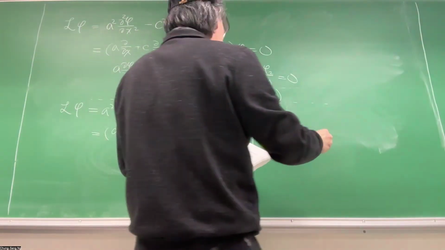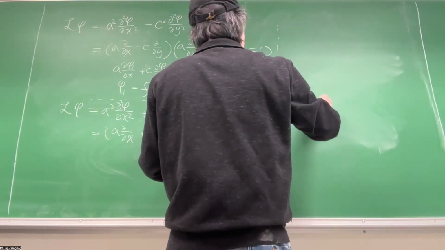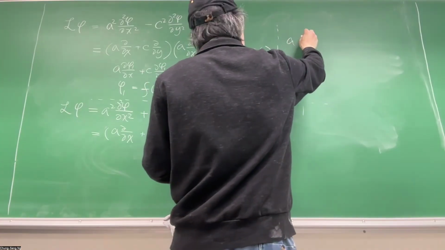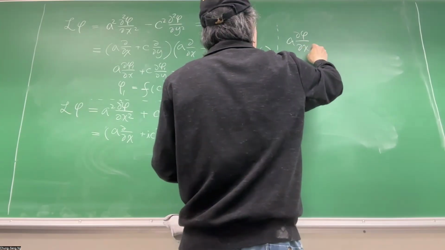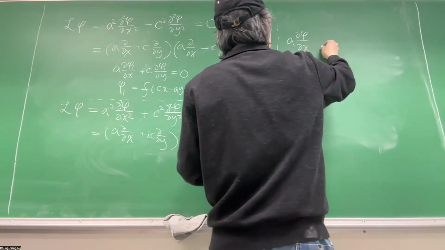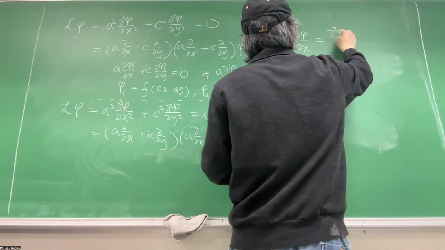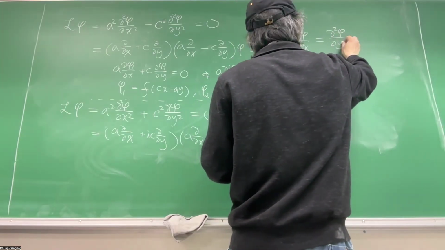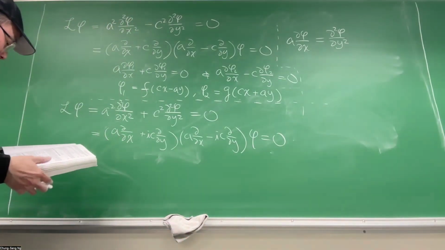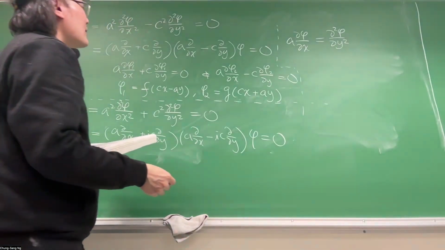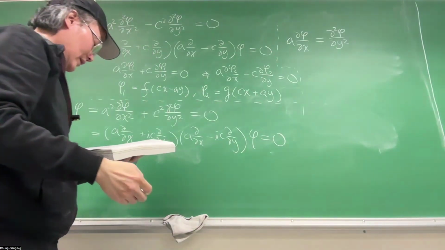And one special case is just one first derivative on x, and then a second derivative on the other variable. That is what we call the parabolic. So you have three kinds: hyperbolic, elliptic, and parabolic.